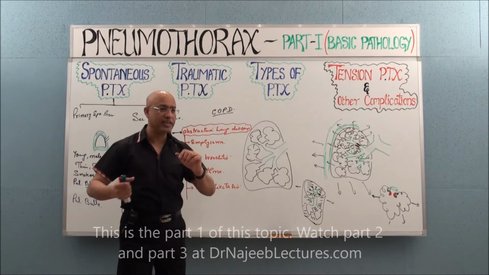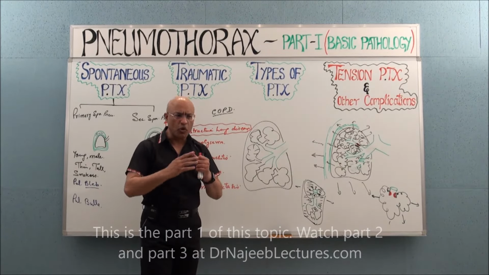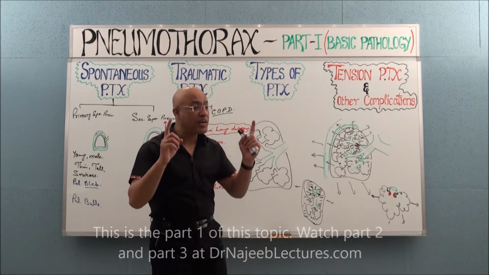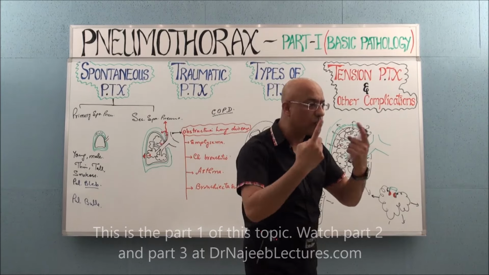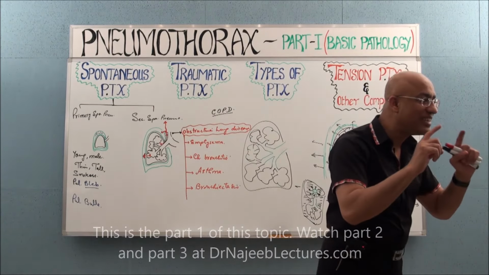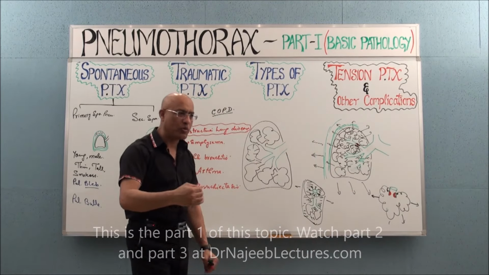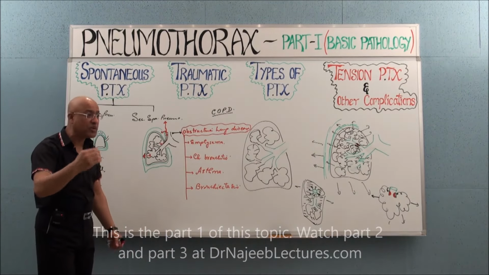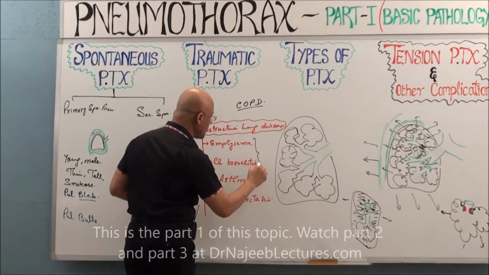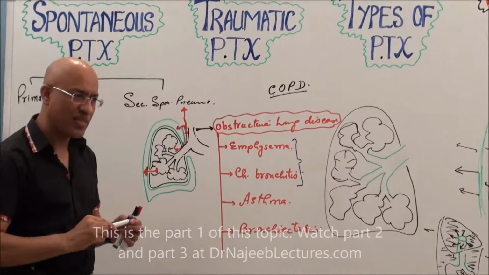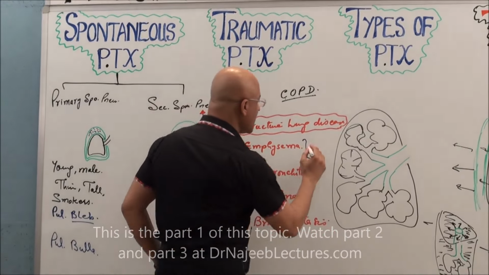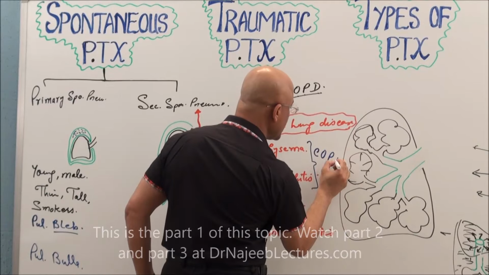Many doctors get confused about it. There are so many diseases which produce obstruction to the airflow in the lung, but all of them are not COPD. When we talk about chronic obstructive pulmonary diseases, basically we are talking about these two. Classically speaking, these two are COPD.